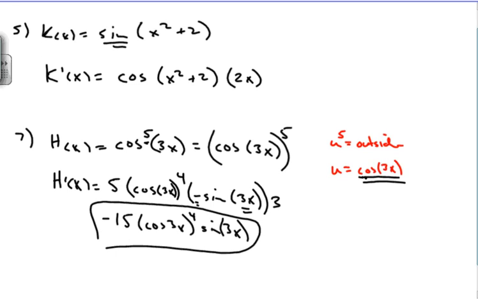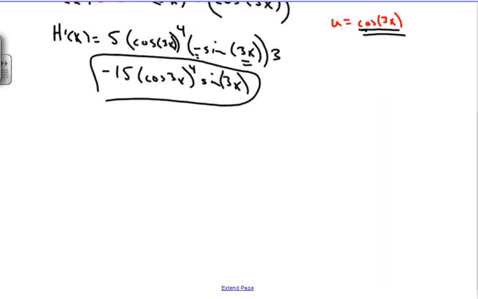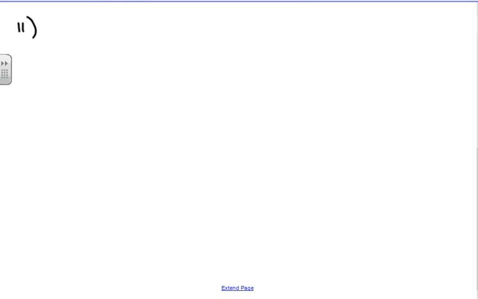Now, moving on, we can look at number 11. Number 11, we have h of s equals cotangent of s cubed minus 2s. Once again, we're going to use the chain rule. We have h prime of s.